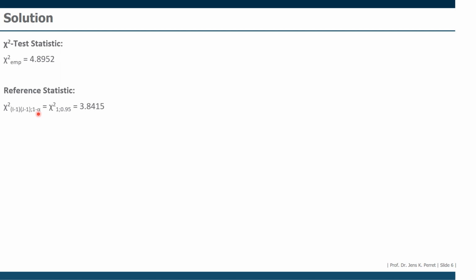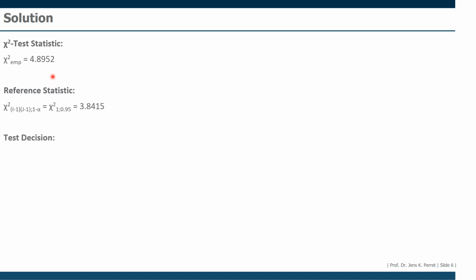Here we had a margin of error of 5%. So we go 1 minus 0.05, giving us here the 0.95. So in other words, in the table for the chi-squared statistic, we're going to look up the value for chi-squared 1, 0.95. There we find a value of 3.8415. So that's the reference statistic.